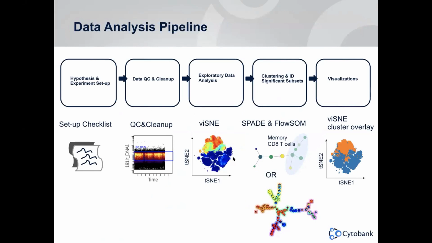You can start to use viSNE as an exploratory data analysis tool to visualize the data on a viSNE map. Then you may use SPADE or FlowSOM or even Citrus to cluster and identify significant subsets. After that, the clusters may be overlaid back onto the viSNE map for further visualization and analysis. So it's a whole pipeline that you can build with the Cytobank analysis tools.